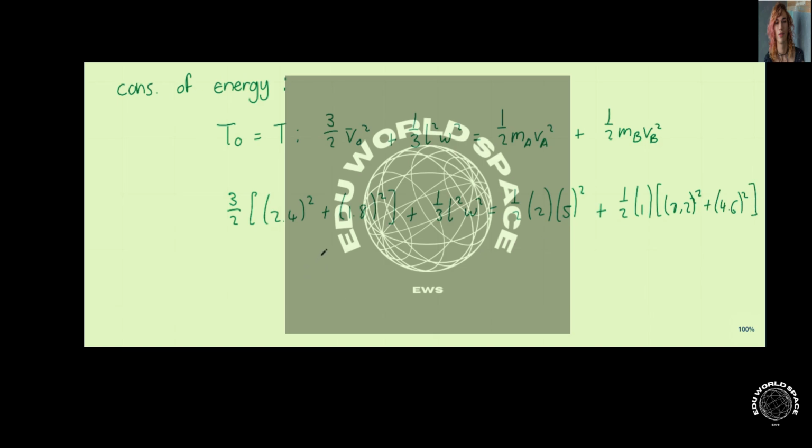We end up with a long equation, however there are only 2 unknowns. If you rearrange, we can write this as L squared omega squared is equal to 144. We call this equation 2.